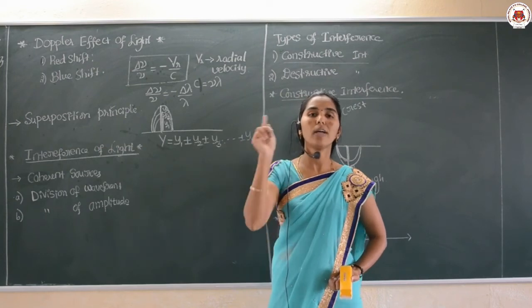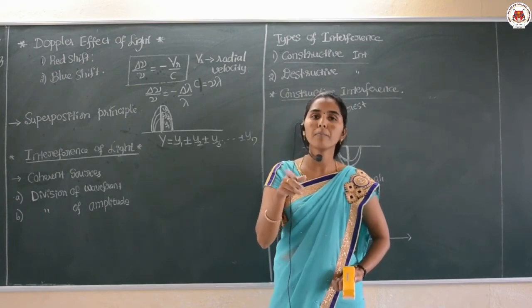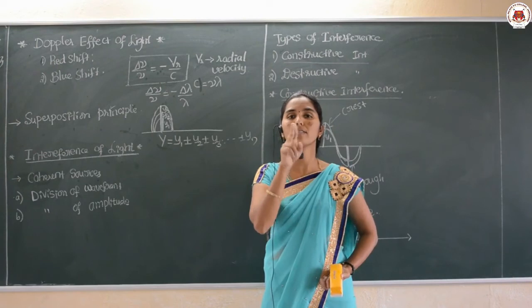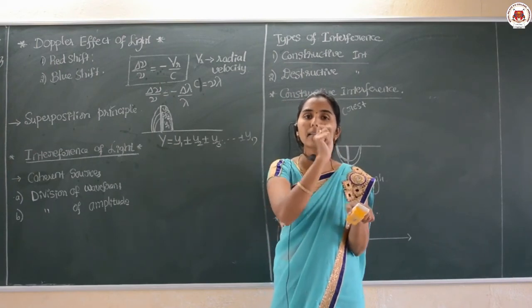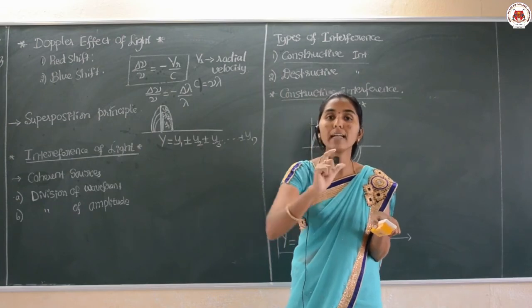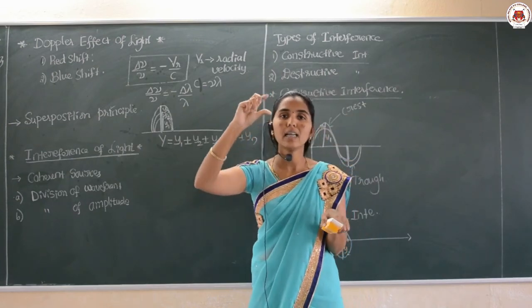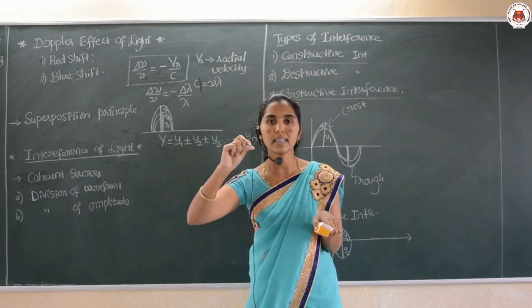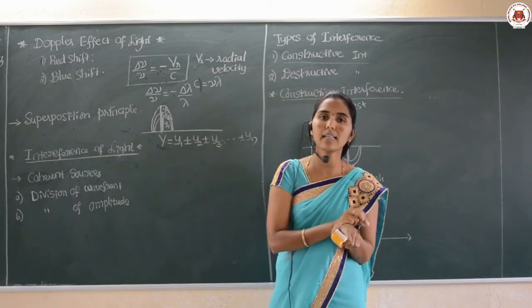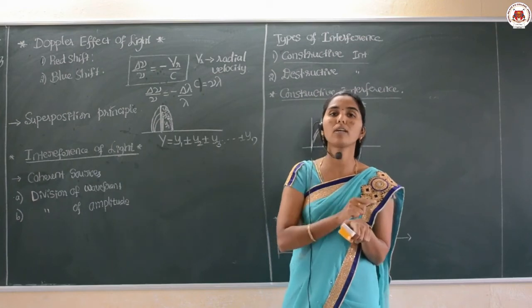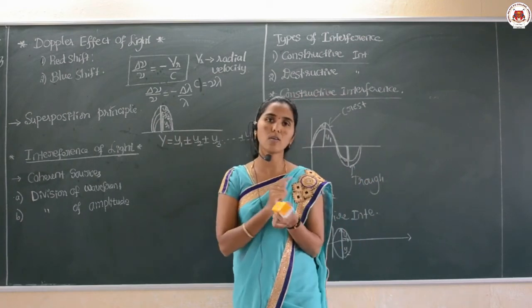That means when two or more light waves are superimposing or they are overlapping each other, at some points you observe that there is increase in the intensity and some point decrease in the intensity. Like this modification of the intensity of the light is observed, that only is called as the interference of the light.